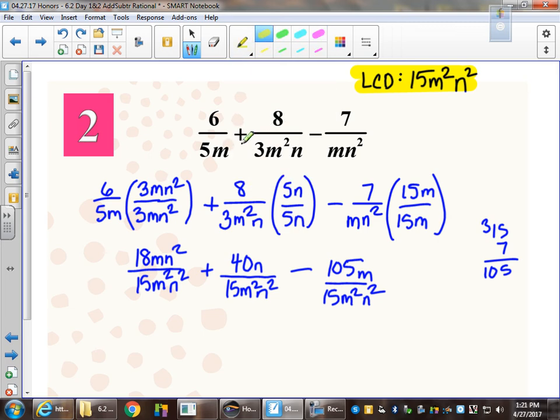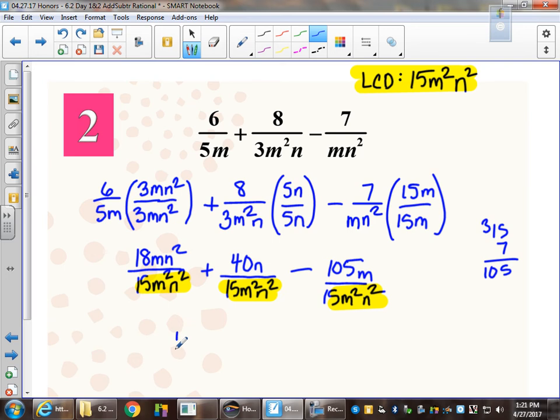Let's see what we've just accomplished with our denominators. 15 m squared n squared, 15 m squared n squared, and 15 m squared n squared. We now have our common denominator, so we can add and subtract up top.